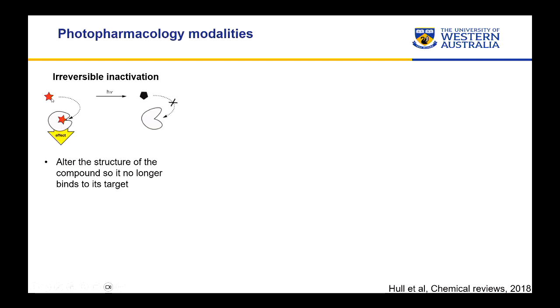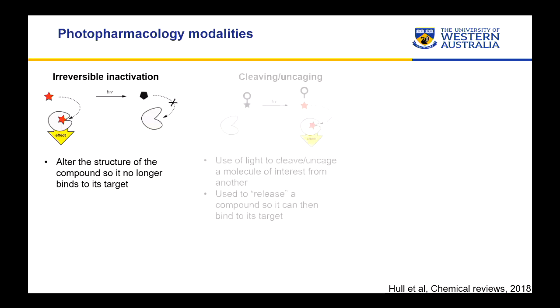So it goes from, say, being a star to a pentagon. So now it can no longer bind to its target, and we no longer have its effect, right? So in irreversible inactivation, light is used to alter the structure of the compound so it no longer binds to its target. So that's the first modality.